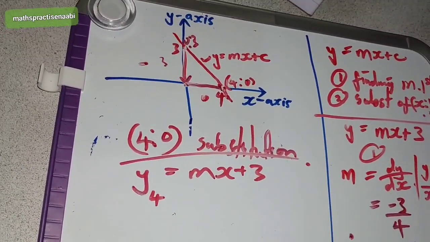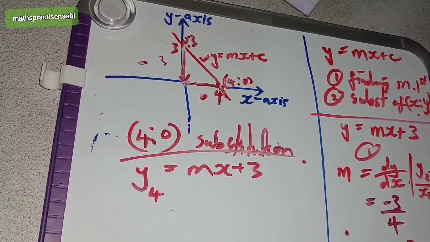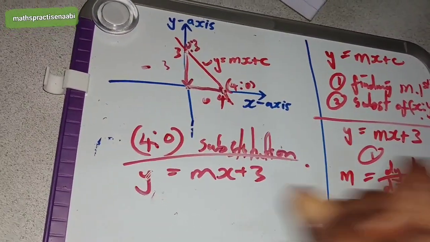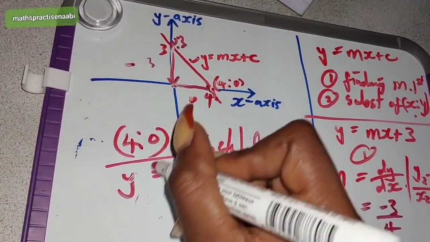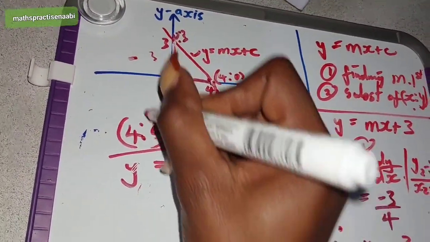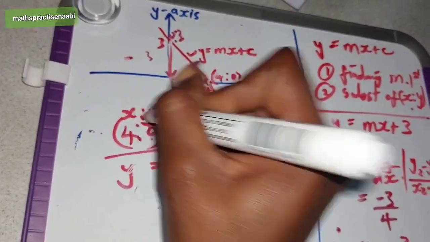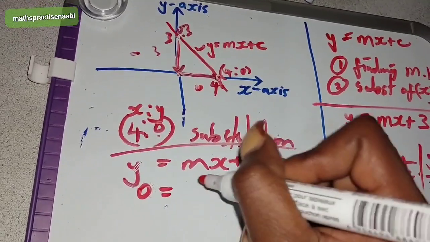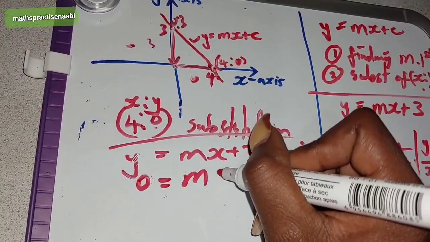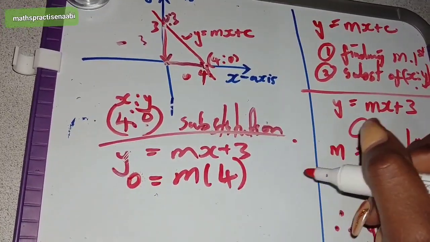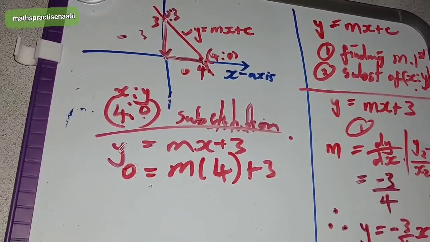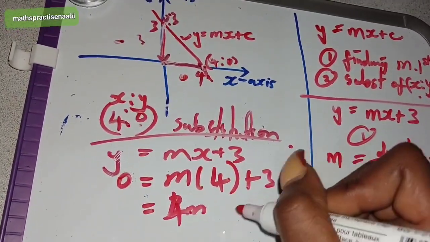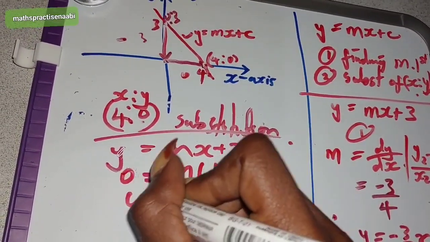So substituting our y here, say this is xy, right? So substituting here, 0 is equal to m, and our x is 4, plus 3, which is equal to 4m plus 3 is equal to 0.